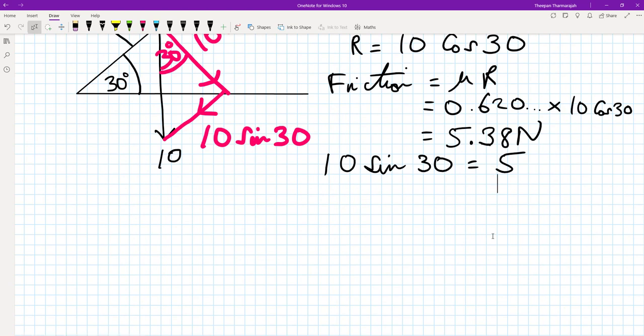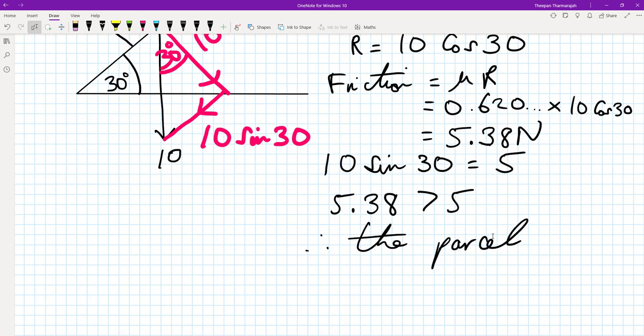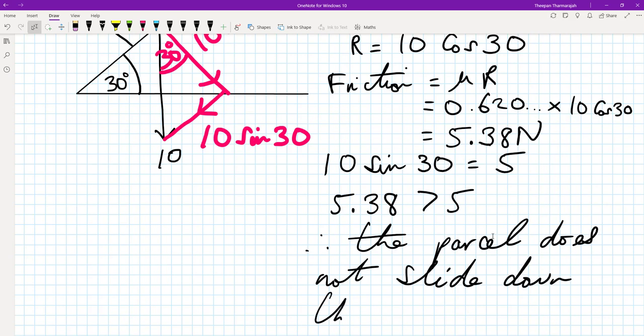So we will have 5.38 is greater than 5. Therefore, the parcel does not slide down the plane.